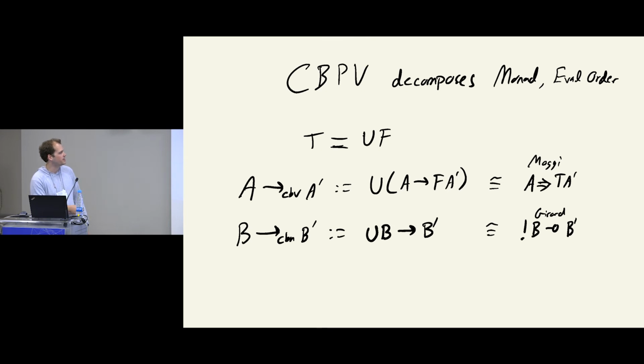And call by name, on the other hand, says that a call by name function takes in a closure as an argument. So it takes in its argument as a closure. Okay, and these are closely related to Moggi's translation of call by value into monads and Girard's translation of call by name into linear logic.